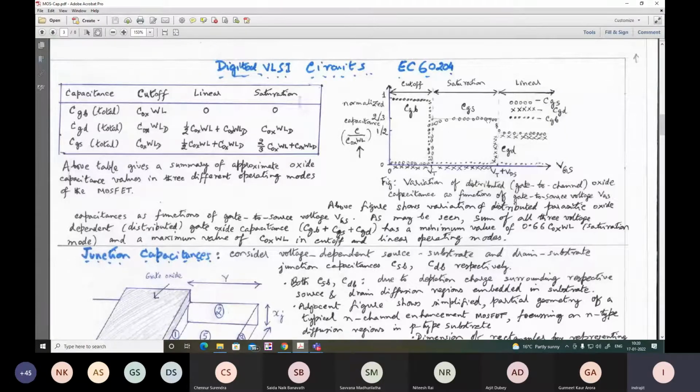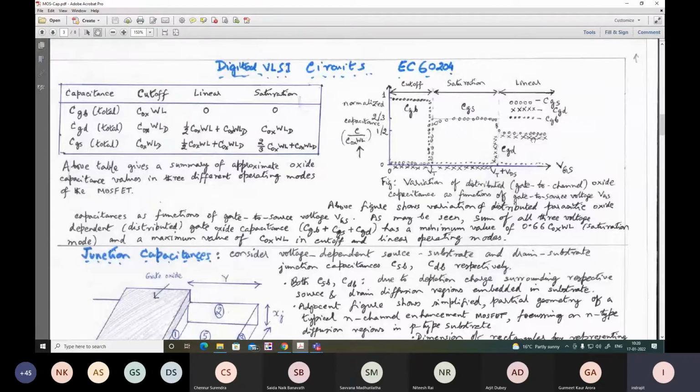At the same time, you have to consider COX W LD, the overlap capacitance. And after that, it falls to the linear region when VGS exceeds VT plus VDS, that means the channel is continuous from source to drain. At that point, two parts: half of COX W L for CGS and half for CGD.